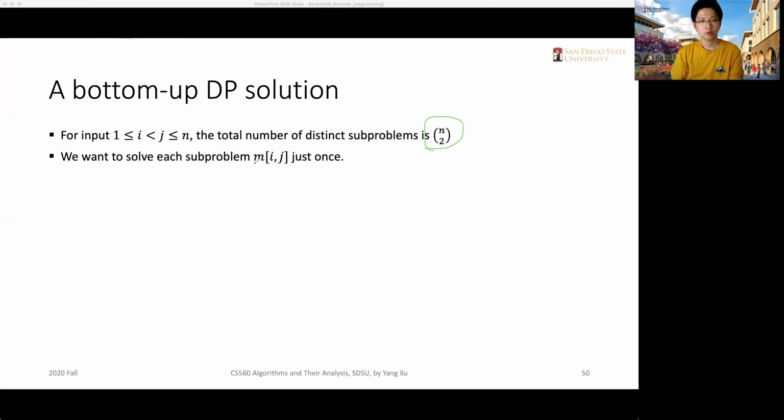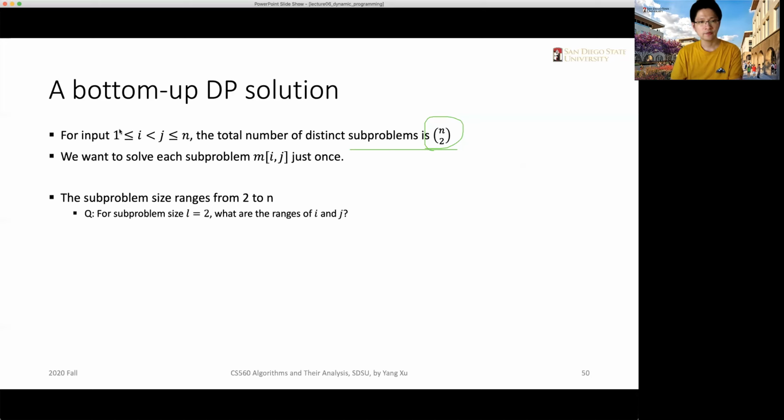So we want to solve that many distinct subproblems without repeating, right? We don't want to solve the same problem more than once, okay? So we want to solve each subproblem just once, okay? And a straightforward solution is to solve the smallest problem first, because the bigger problems rely on the smaller problems.